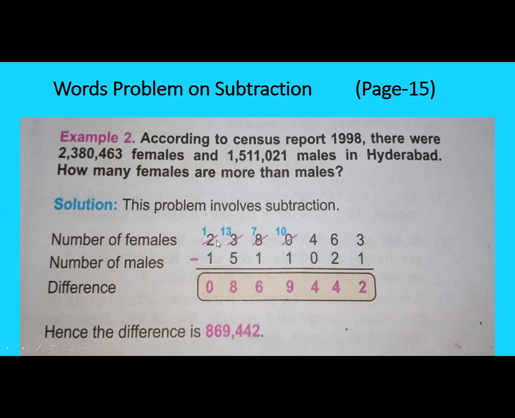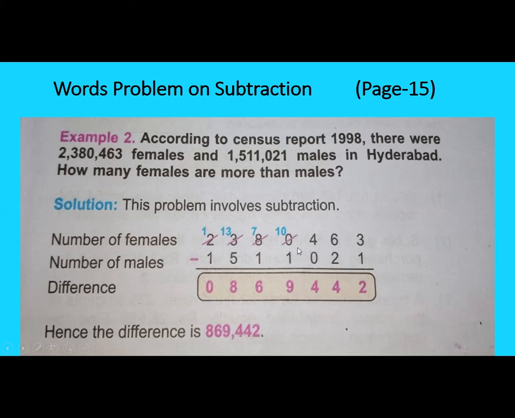So write the number of females first according to the place value. Remember this, I am asking you again and again to write the numbers according to the place value. If a place value chart is not drawn over here, you can draw it yourself in your copy.